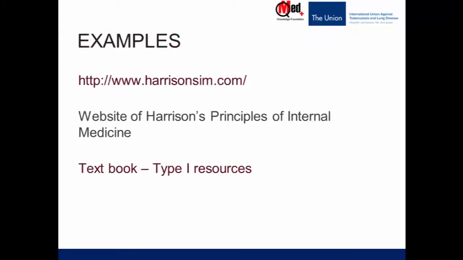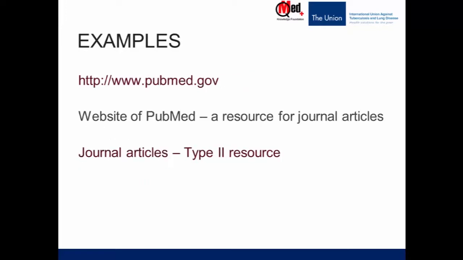Let's see some examples. If we visit the website of Harrison's Principles of Internal Medicine, it's obviously a type 1 resource because it is a textbook website. If we visit PubMed, PubMed is a resource for journal article references, so it's a type 2 resource.